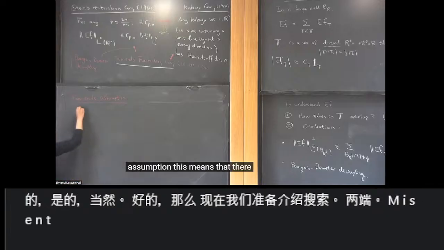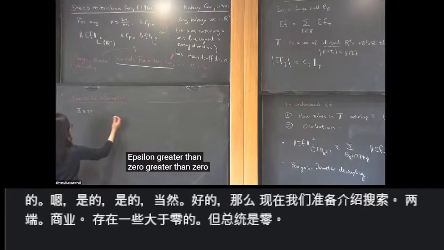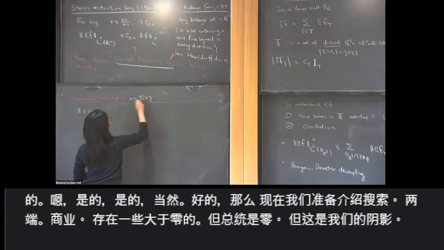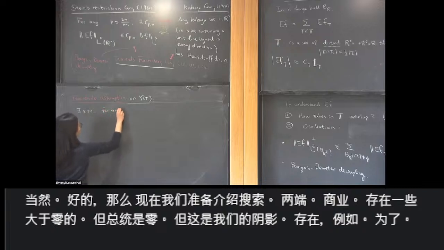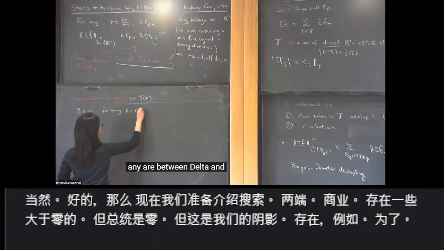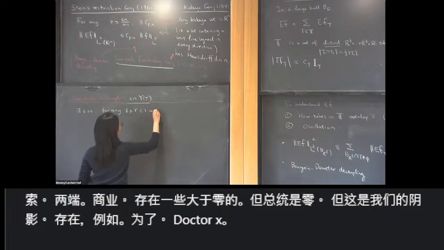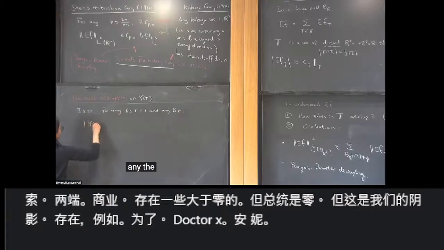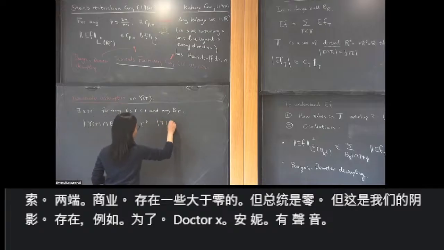This means that there exists epsilon greater than 0 such that for any r between delta and 1, and any ball of radius r, the shading cannot be concentrated on a ball of radius r.